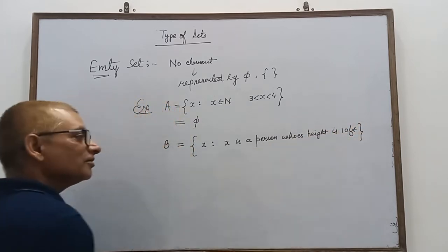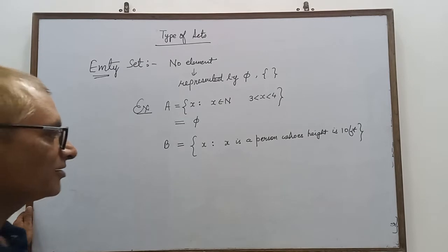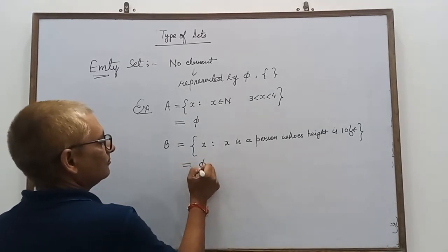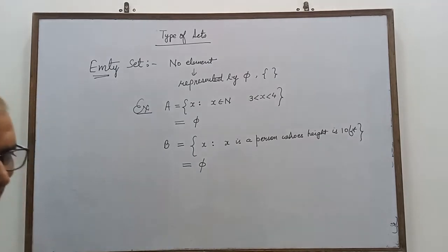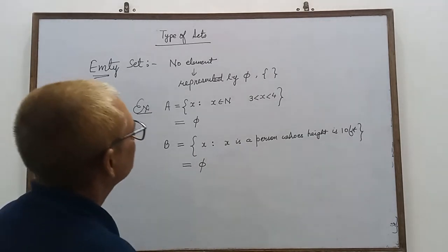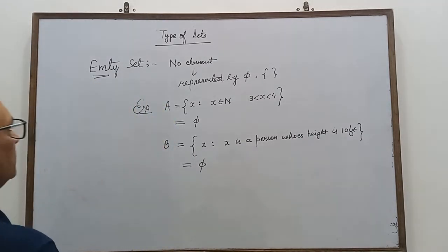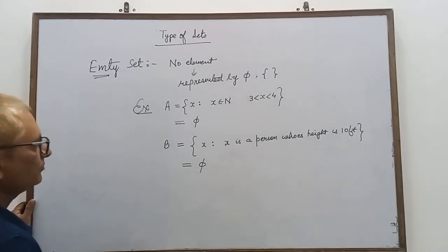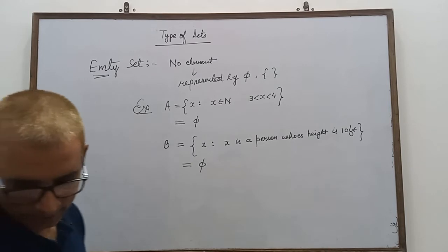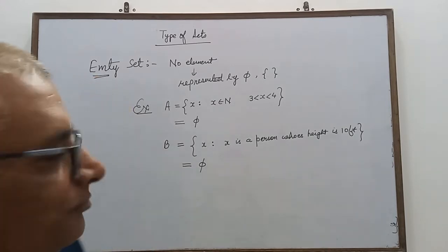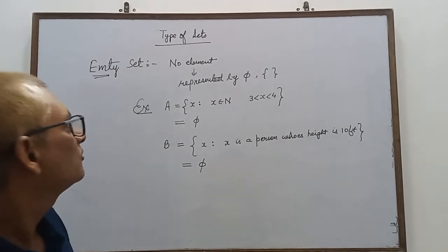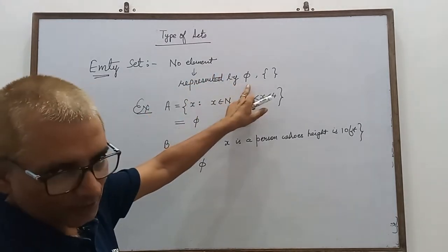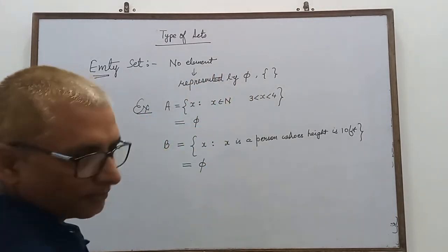No human being is available on earth whose height is 10 feet. So it is also an empty set. You can get a lot of examples of the empty set. It is the smallest set. There is no element in it, and it is represented by phi.